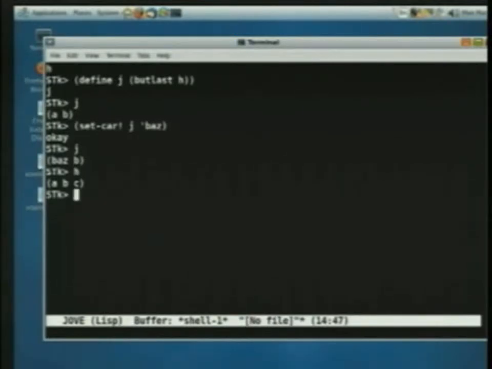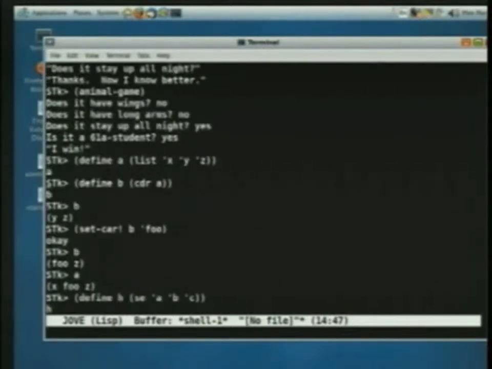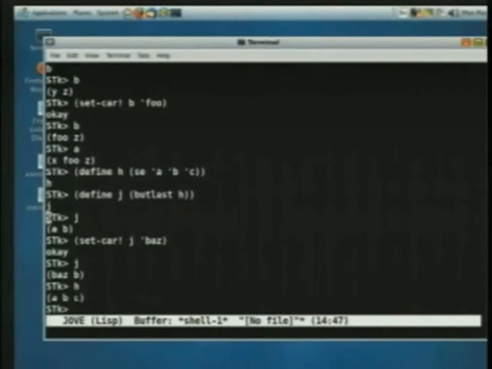So let me get back to this question of how do you know whether you're sharing values or not? In the example with A and B down here, we said that A and B are sharing memory. So if we modify B, it changes A also. And we said that H and J are not sharing memory.